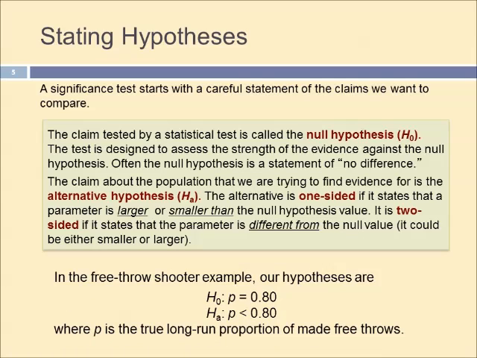In the free throw shooter example, our hypotheses would be the null hypothesis H sub 0, that the proportion of free throws is 0.8. The alternative, and that's our claim we're testing, is that the proportion is less than 0.8. And in this case, p is the true long-run proportion of made free throws.